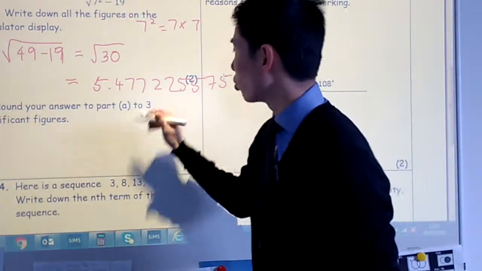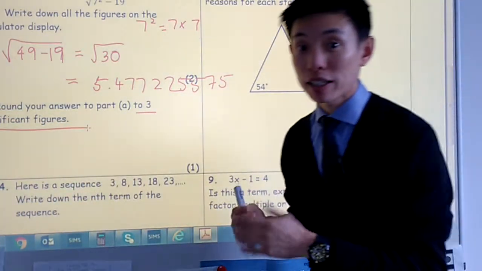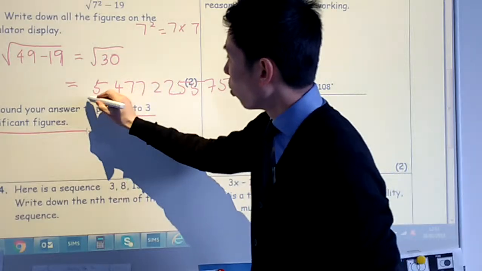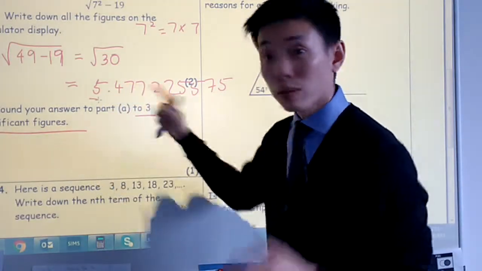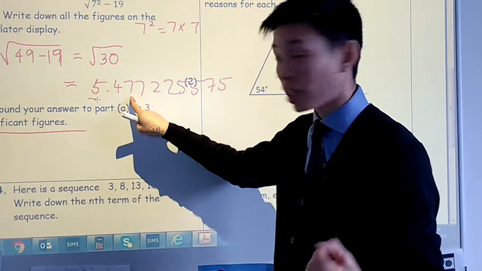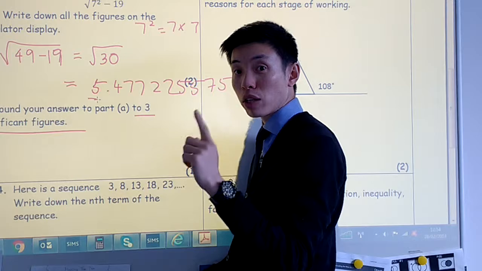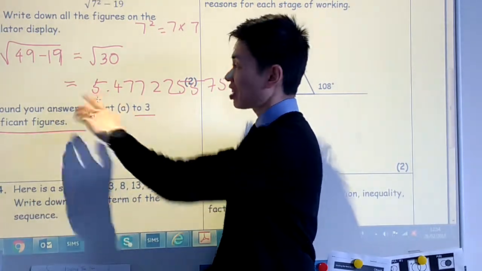And the next bit is to round to 3 significant figures. Now, a lot of us are very good at this now. So, decimal places start from the decimal point, so 1 decimal place, 2 decimal places. But significant figures start from the first non-zero digit. If this was 0 point something, the zero doesn't count.